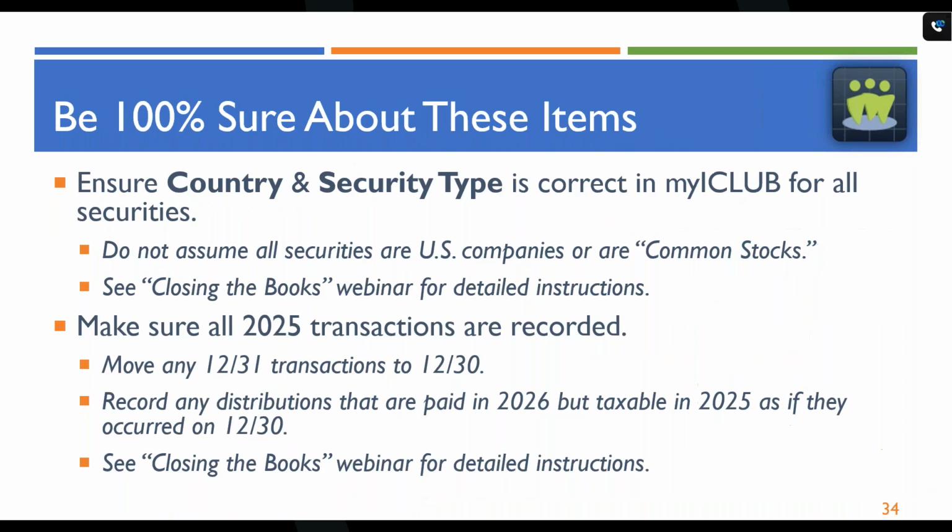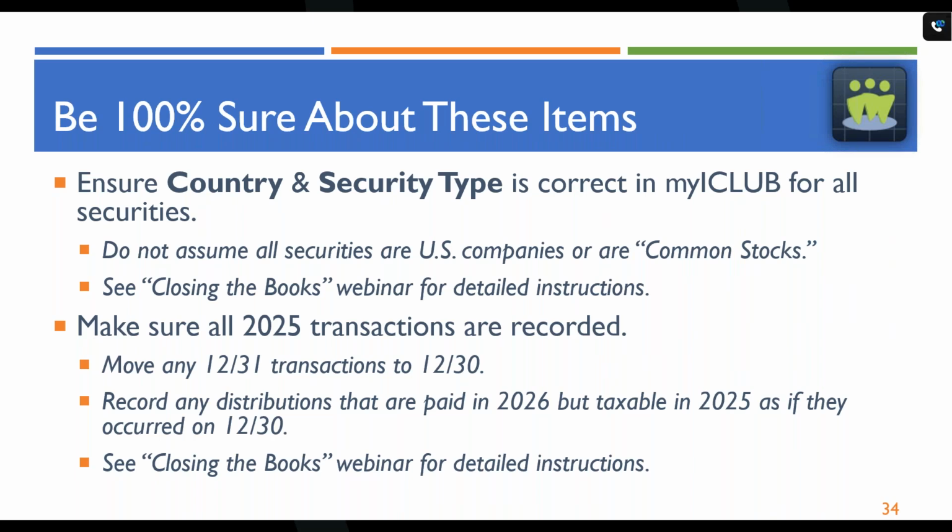Okay, so there are some things you also need to be absolutely sure about. And that's to have the country and security type correct for all of your securities in its security information page, okay?